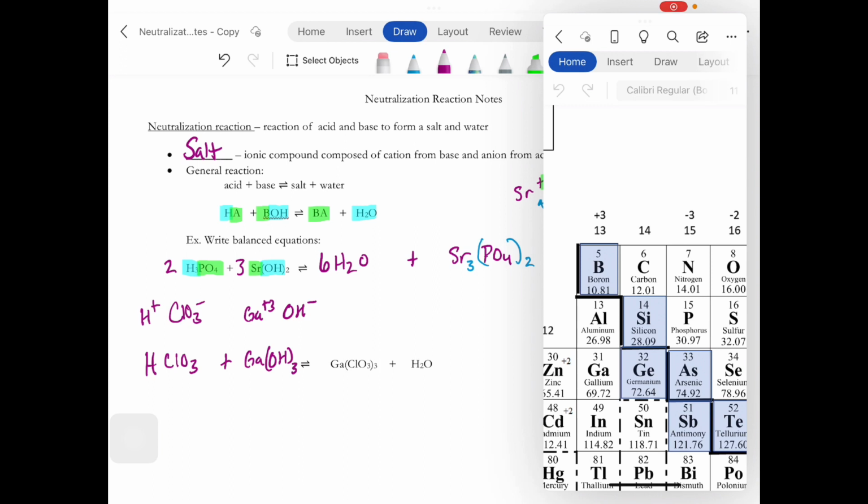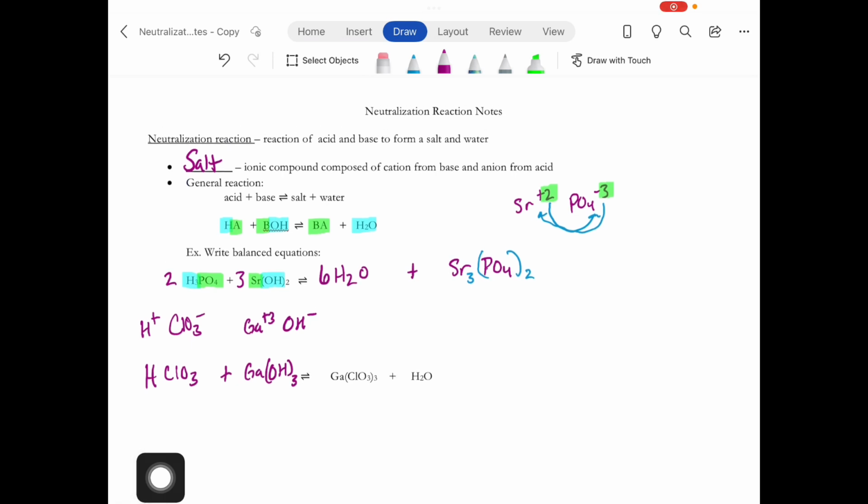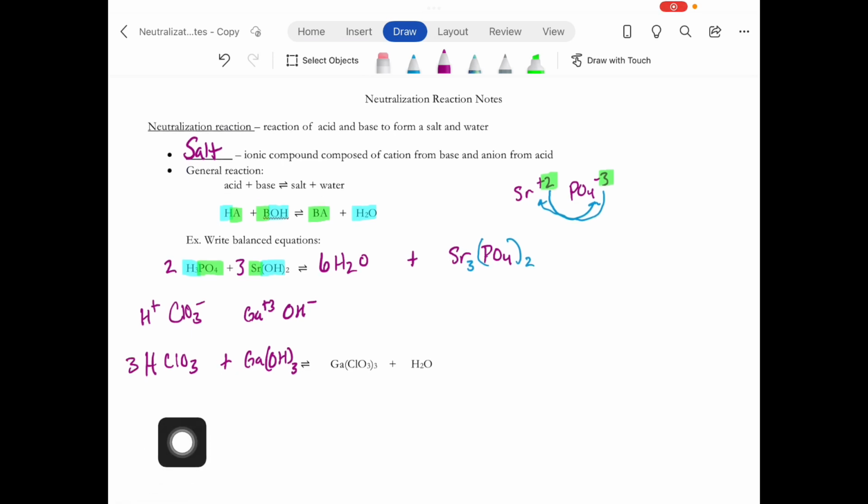Now we can balance. Balance your Ga first. I have 1 Ga on the left, 1 Ga on the right. That's good. Then balance your polyatomic ion of the acid. So ClO3, I have 1 on the left. I have 3 of them on the right. So I'm going to put a 3 over here.